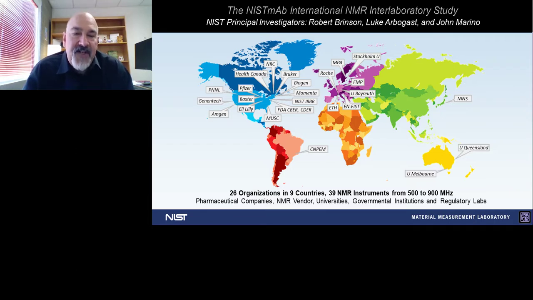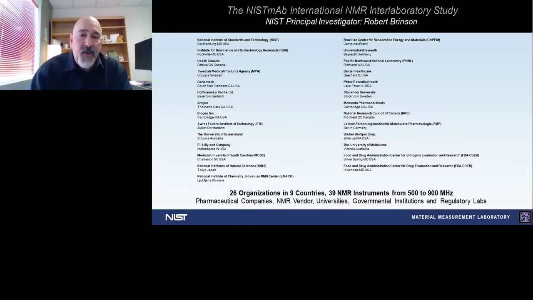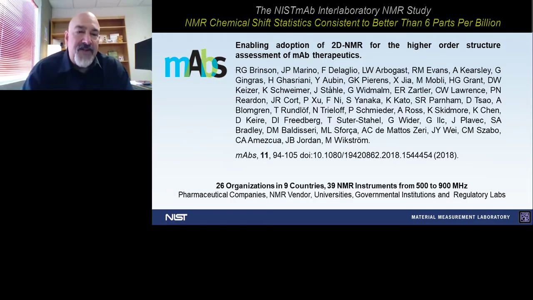And the organizations that participated were nicely distributed between pharmaceutical companies, universities, and governmental institutions and regulatory labs. In this study, where we had participants from all of these organizations, each participant was sent 2 different NISTmAb samples. And the results of the study have been published in the journal MABS, so you can read about them in detail.